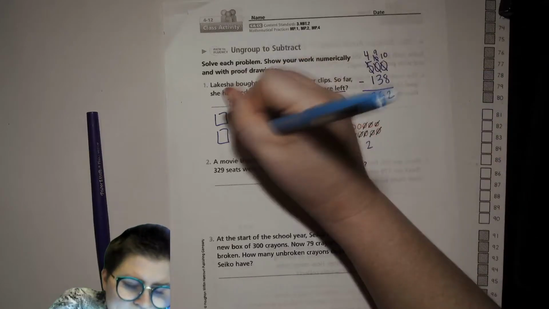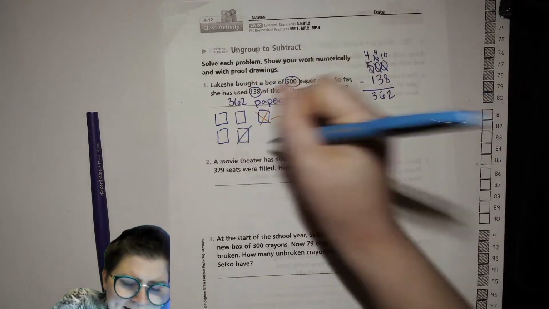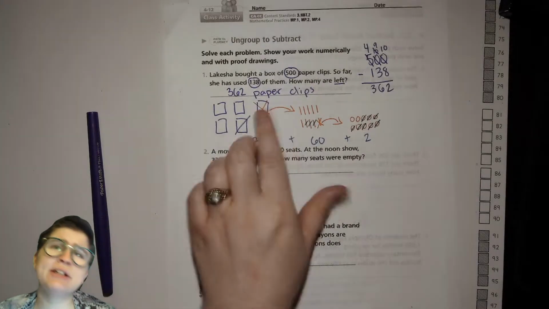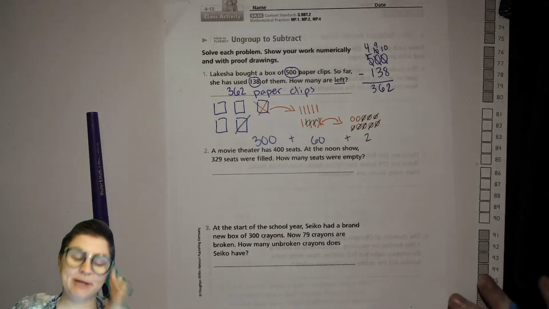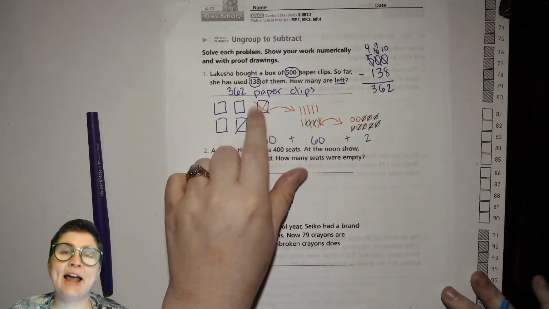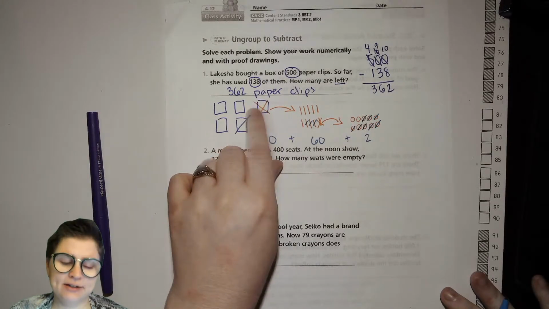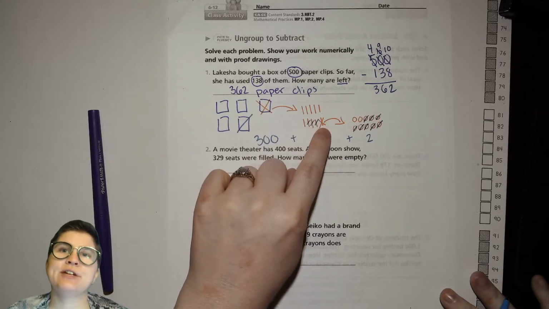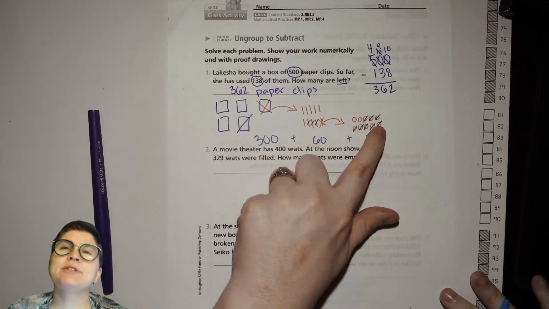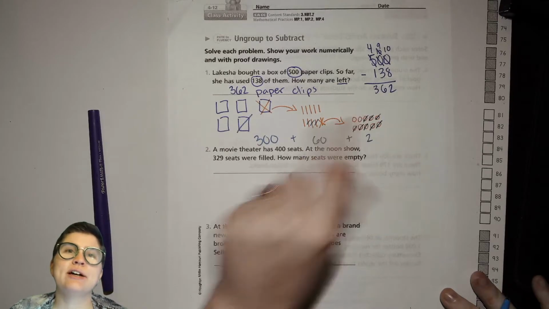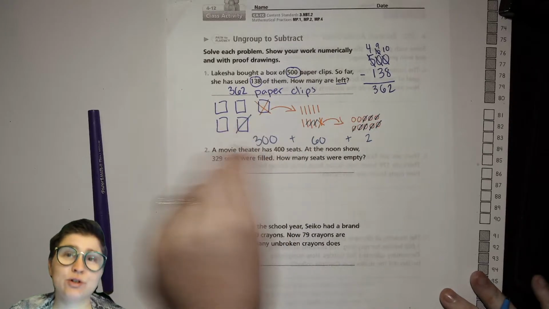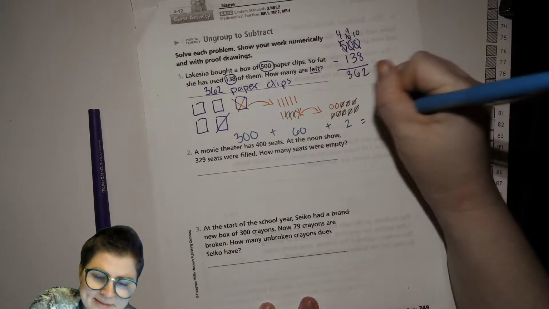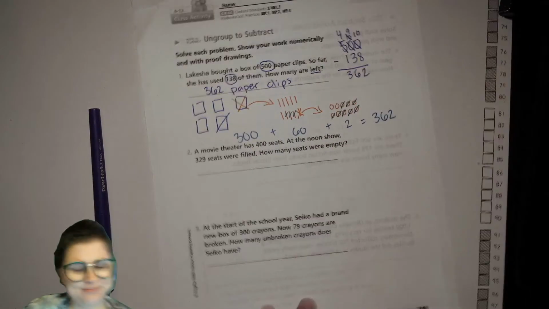And then I'll cross out my 100. So then I have 300 left. And you'll notice, just for the sake of having a neat picture, I use an X for my ungrouping when I'm turning 100 into 10 10s and turning a 10 stick into 10 1s. And then I'm using just a slash to cross things out. Okay, so 360 and 2 is the same thing as 362. All right.